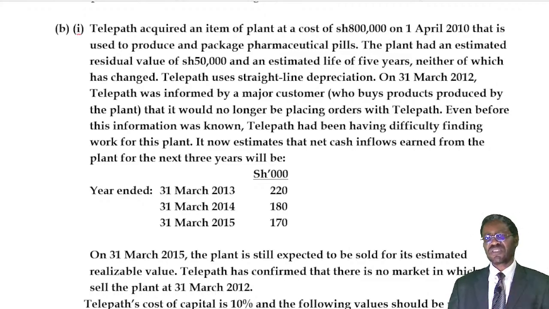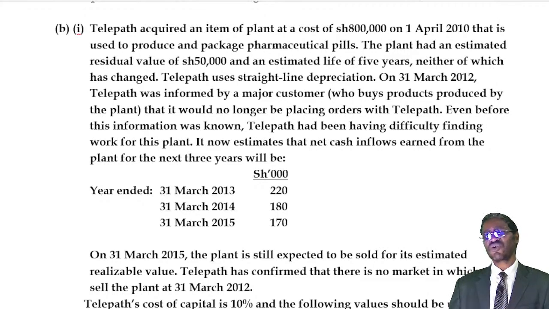The plant has an estimated residual value of 50,000 and an estimated life of 5 years, neither of which has changed. Telpath uses straight line depreciation.